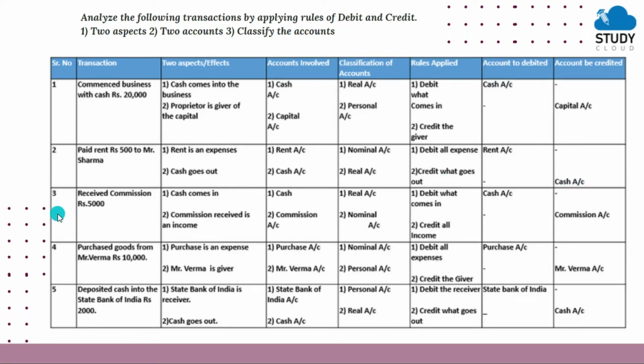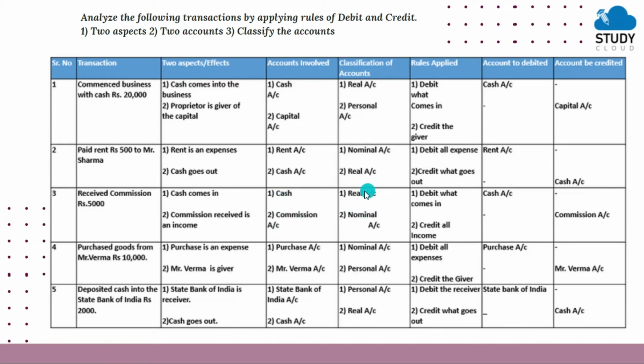Then third transaction, received commission rupees 5,000. So first effect is cash will come into your business, so cash comes in. Second is commission received is an income. When you receive commission means you are receiving money, so it is your income. So two accounts involved here are, first is cash account and another is commission account.